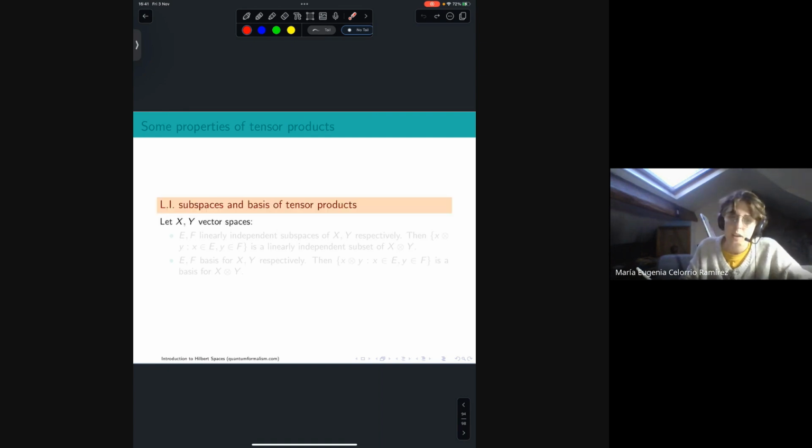We are all the time talking about linear subspaces and bases. That has been the main topic of this talk. So for tensor products, there are nice properties.